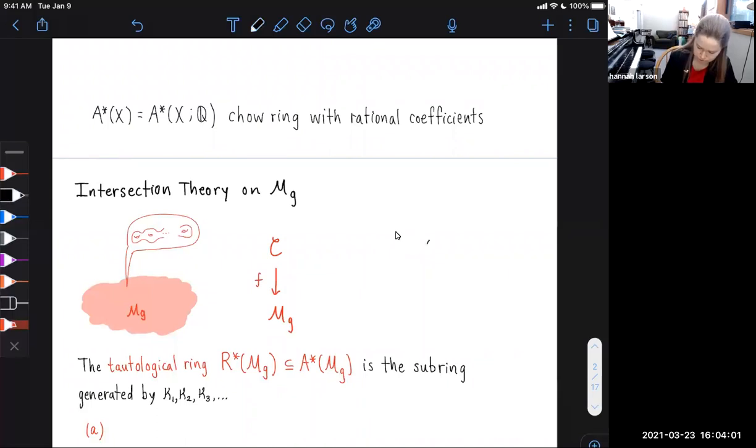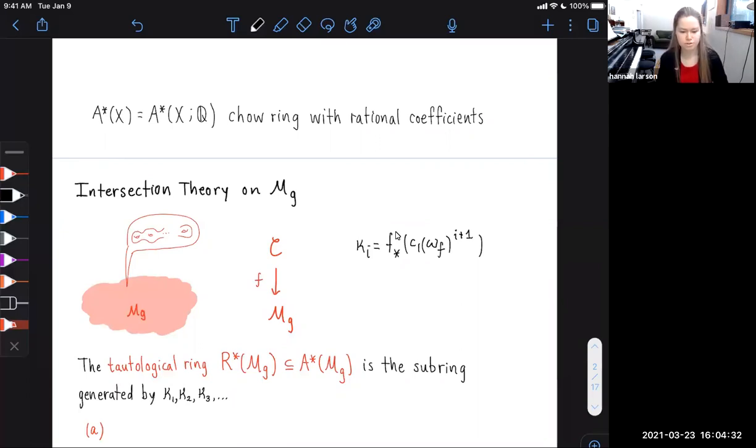We'll start with omega_F, which is the relative canonical of F. We'll take its first Chern class, raise that to some power, say i plus 1, and then apply the F push forward to this class. That'll give me something in codimension i on the moduli space of curves, and we'll call that class kappa_i.